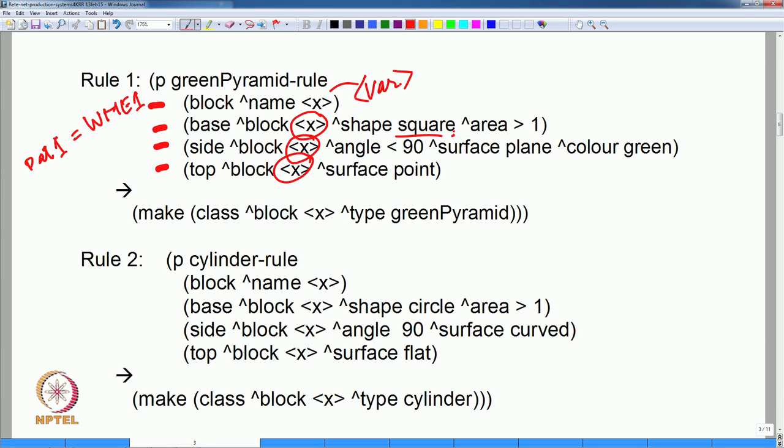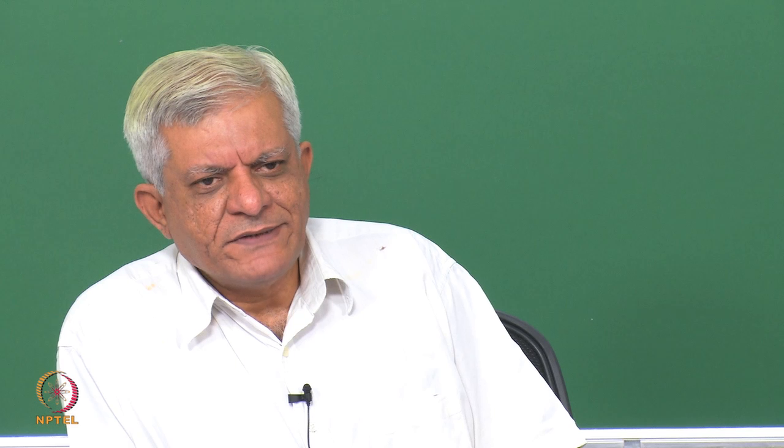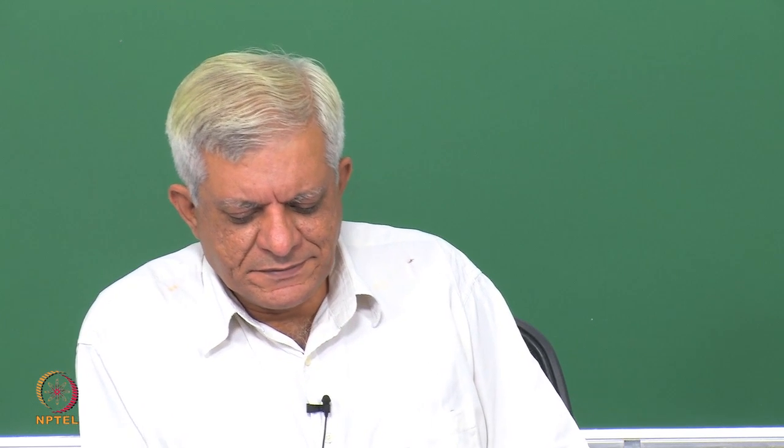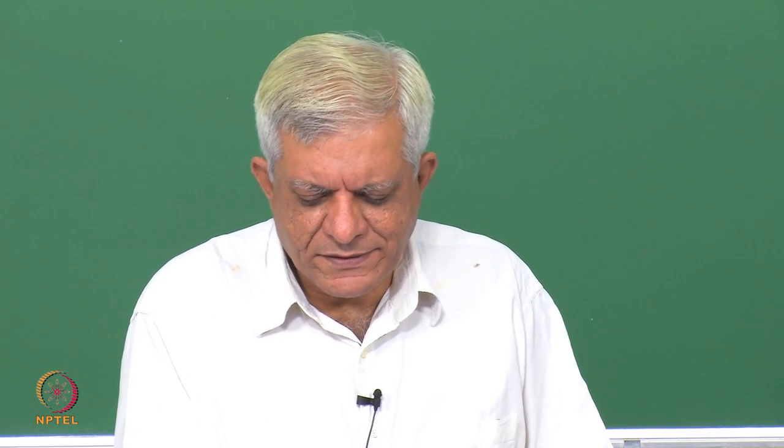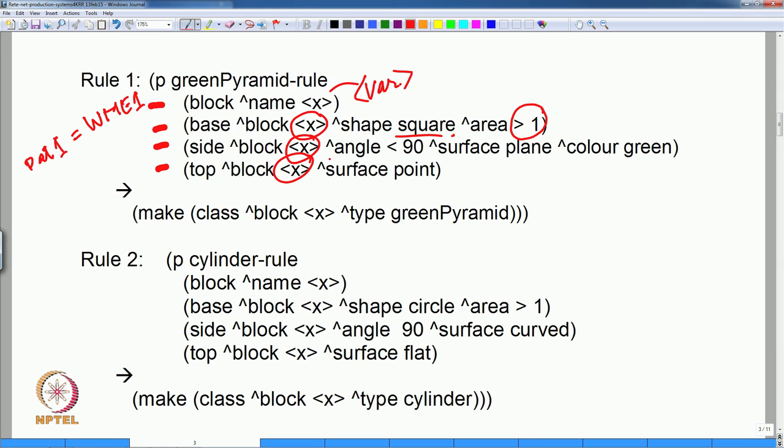And then we are allowed to do things like logical tests, whose area is greater than 1 essentially. The side of the block has angle less than 90, the surface is plane and the color is green. The top of the block is pointed essentially.